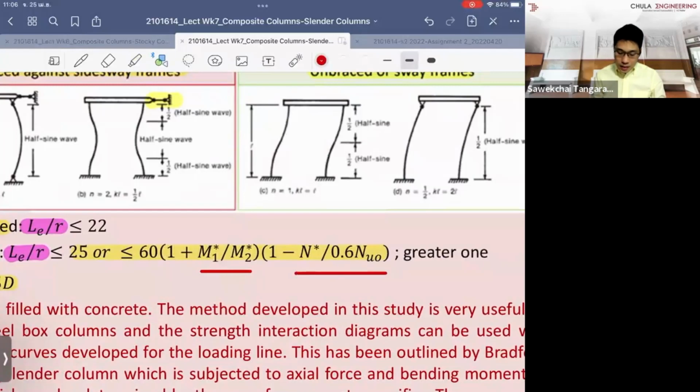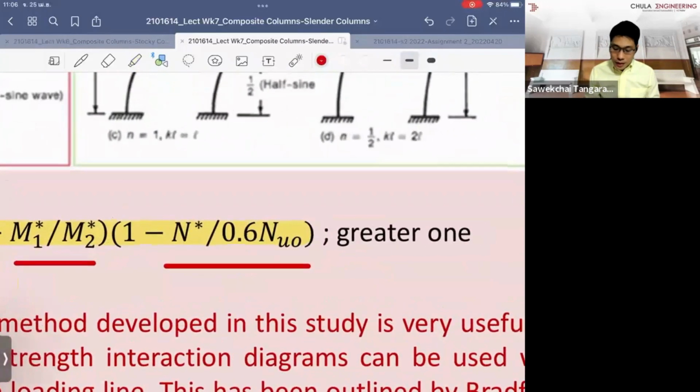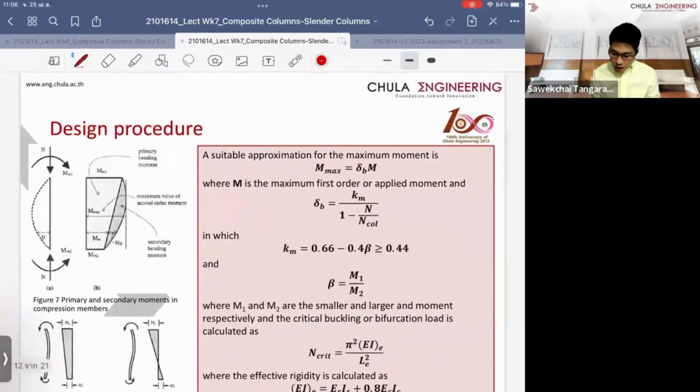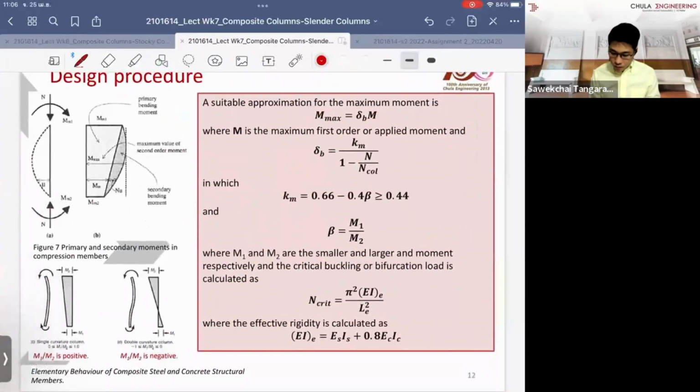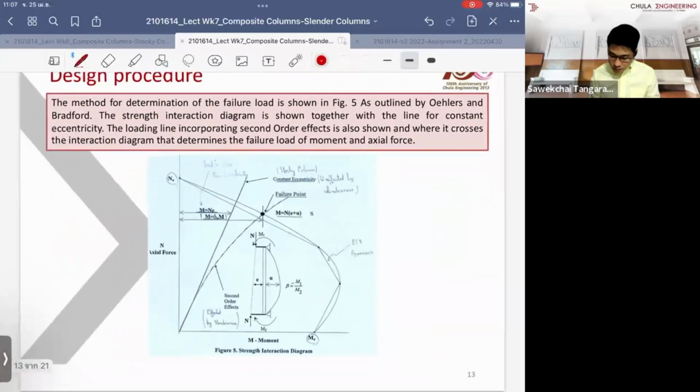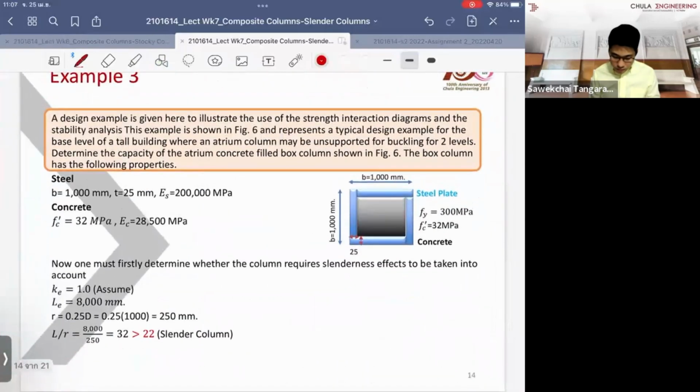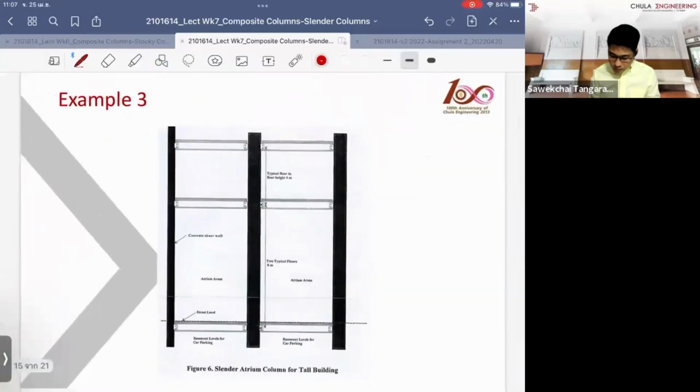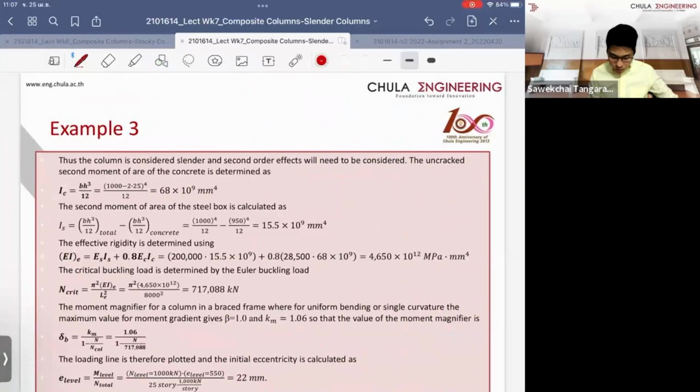So you might see that to check only the slenderness, first of all, you have to calculate N_u0. The N_u0, where is it from? Let me check first, and let me see the code.